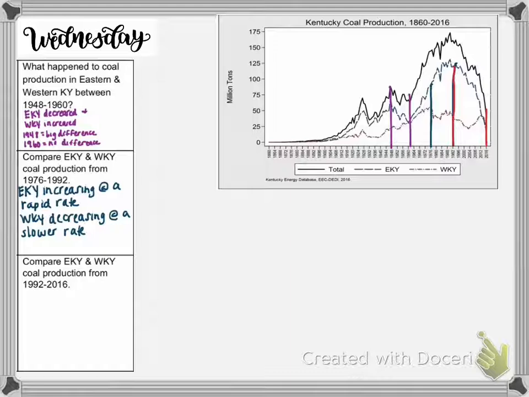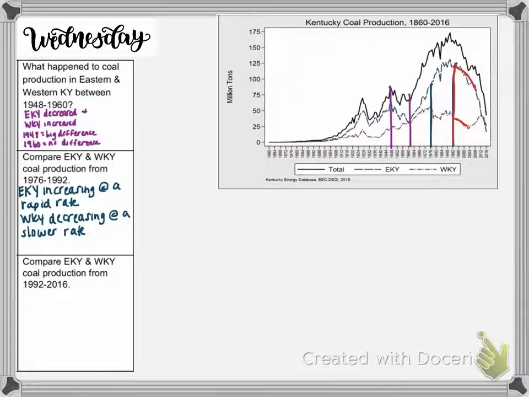Eastern Kentucky just dips completely, as does, obviously, the entire production of Kentucky, because most of it was made up of eastern Kentucky. And then there is a little bit of a dip and then an incline, and then in 2016, they meet at the same spot.